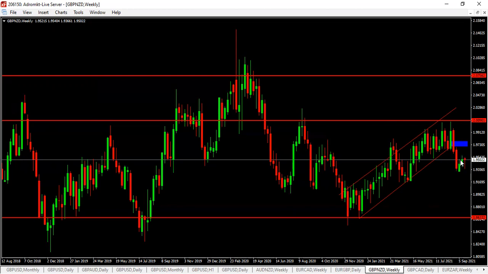I'm anticipating it could continue to go down, because long term, based on this particular pair, structurally speaking, I am anticipating this market to go all the way down, possibly to this area right here. It doesn't have to do it, but structurally speaking, I see the market is setting up. All right.